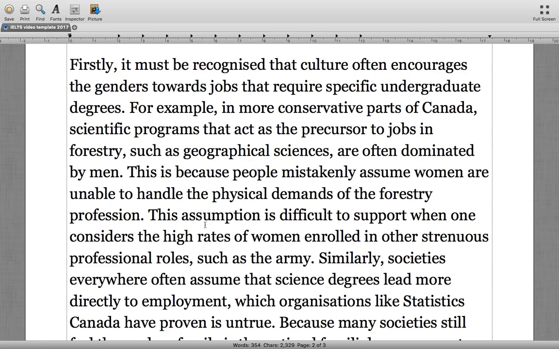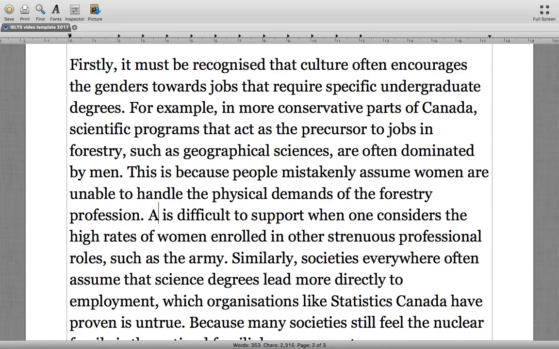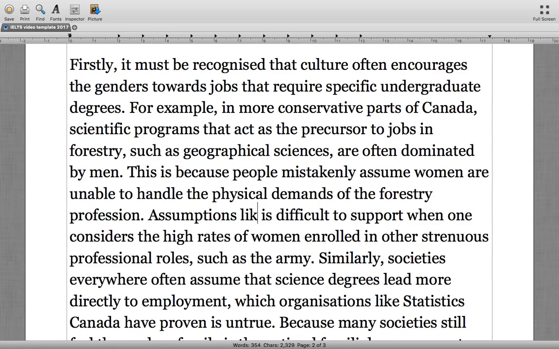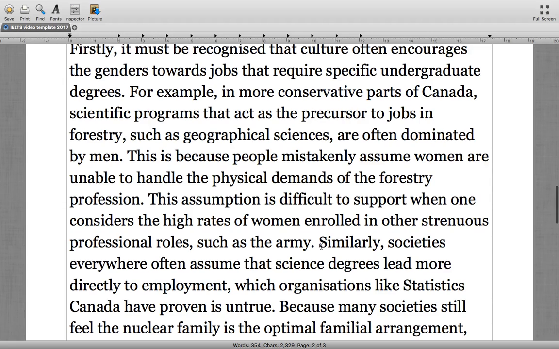This assumption, I'm just going to keep it the same, is difficult to support when one considers the high rates of women enrolled in other strenuous professional roles, such as the army. Okay.